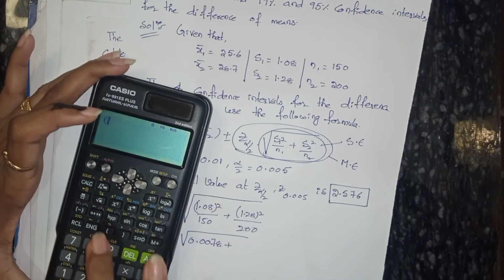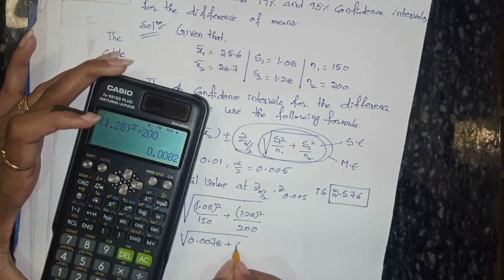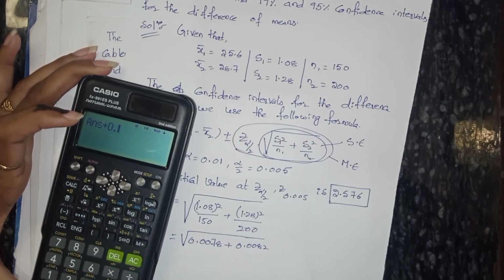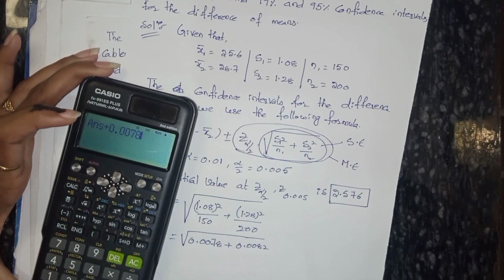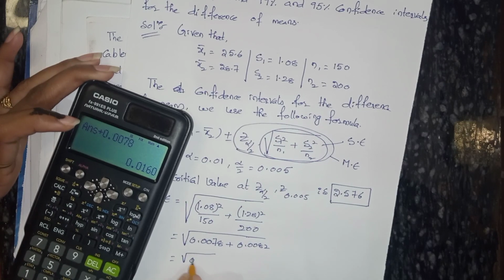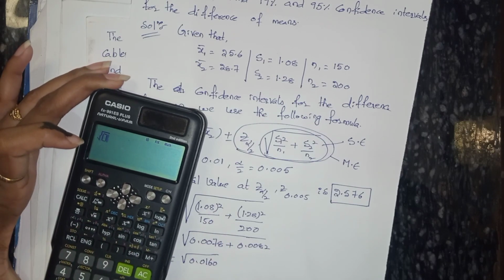Plus 1.28 whole square divided by 200 gives 0.0082. Adding these, we get the square root of 0.0160.